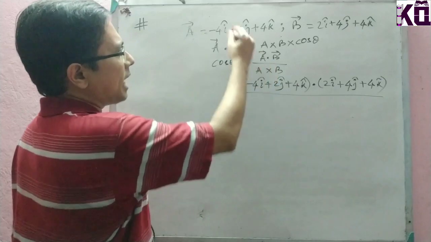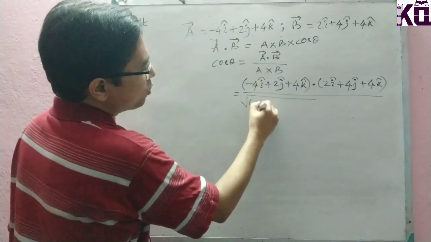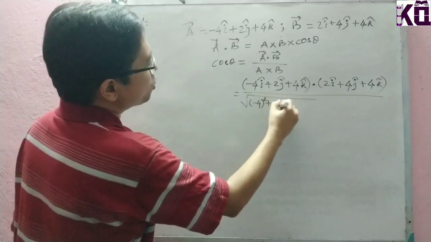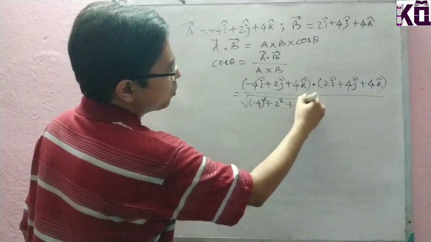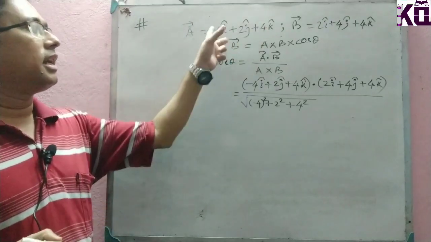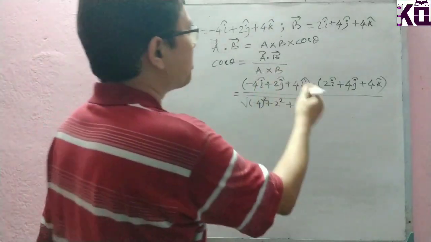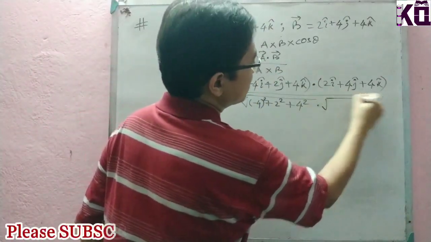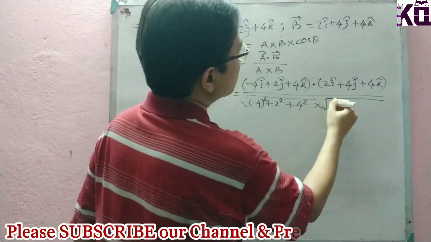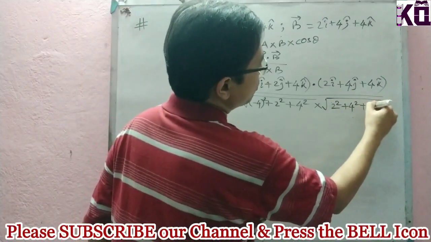And A magnitude means root of minus 4 square plus 2 square plus 4 square. That means we are taking the square of Ax plus Ay plus Az like this. And similarly for B, we take the coefficients, 2 square plus 4 square, and this is also 4 square.